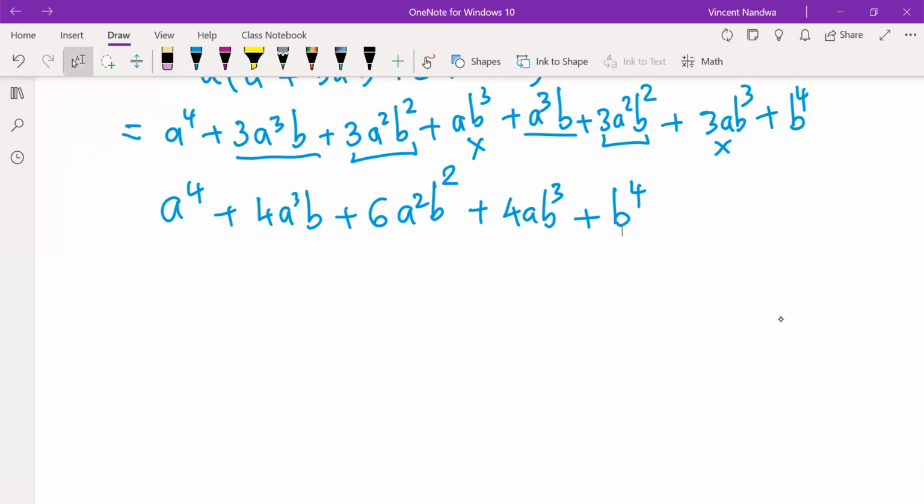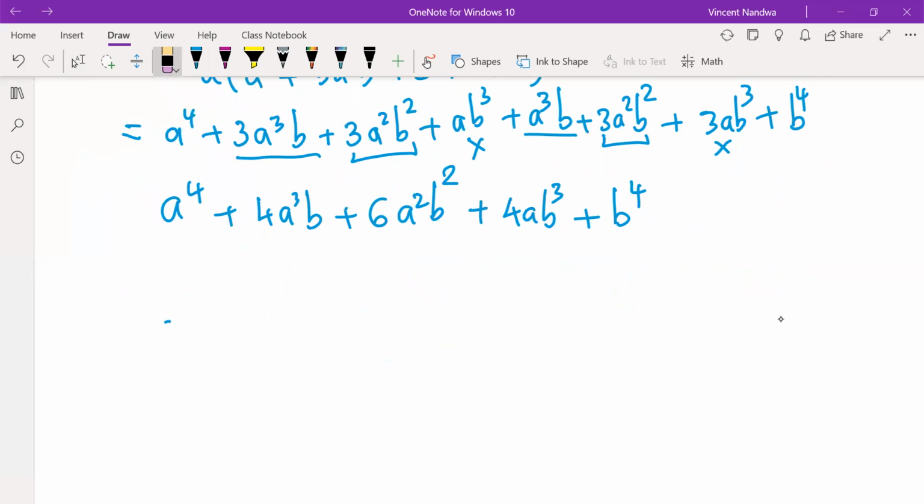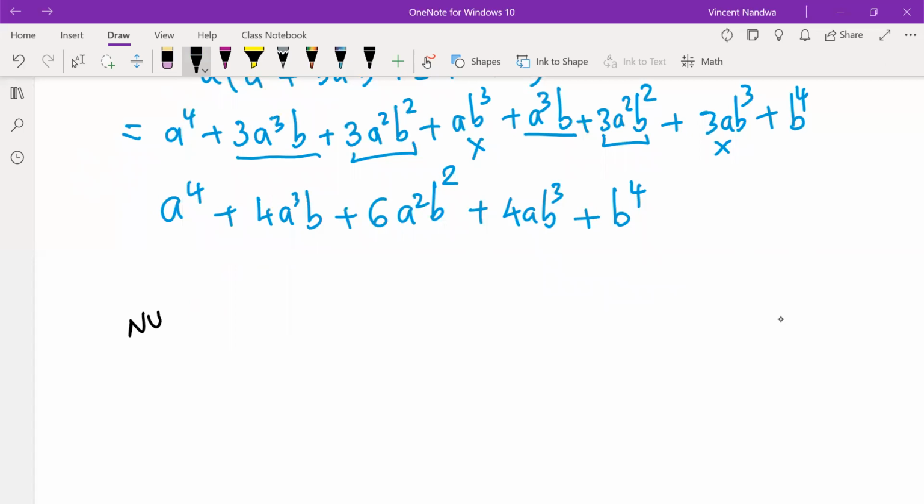So we are saying that if n is 0, we have just 1, since (a + b)^0 is just 1.